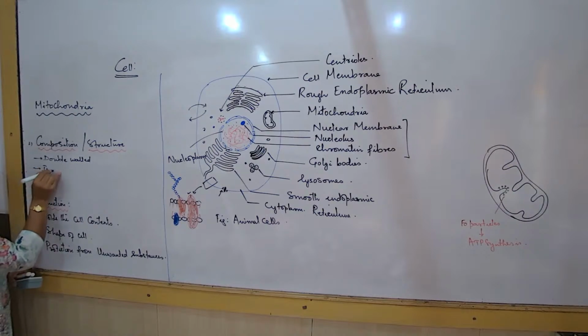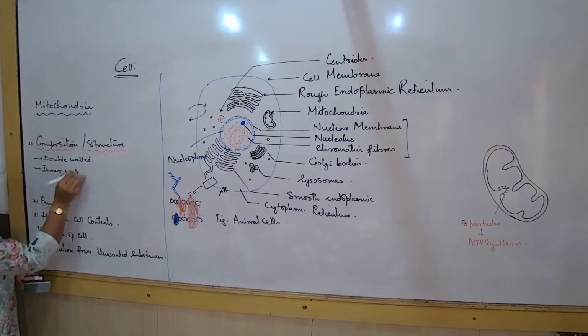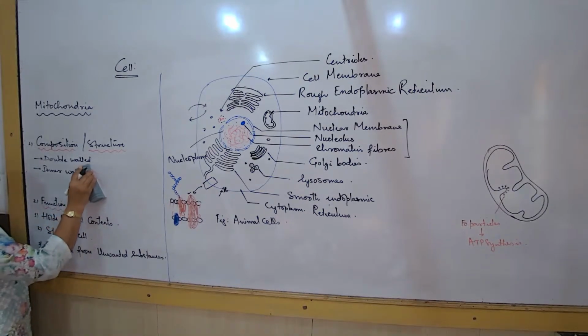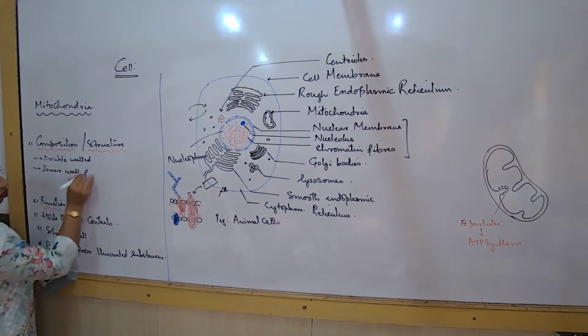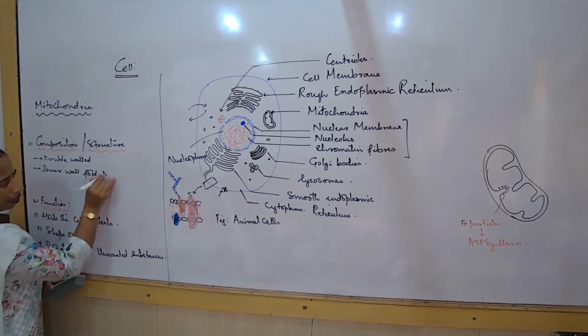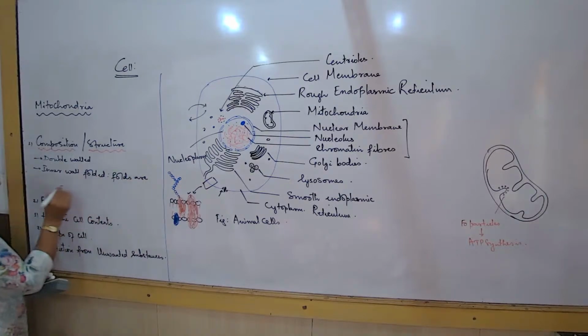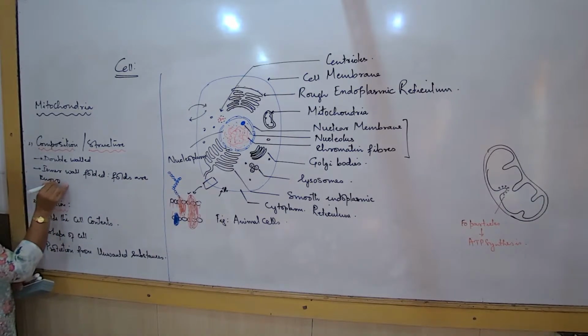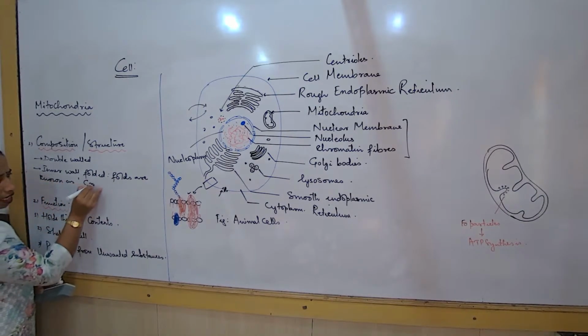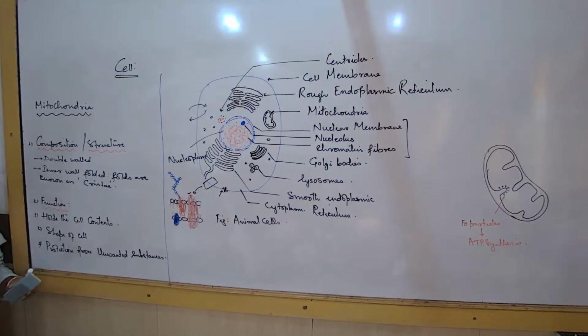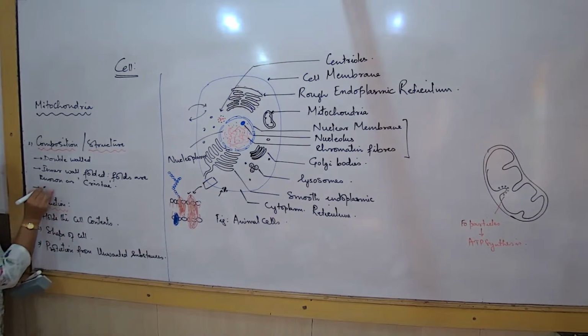The inner wall is folded. You'll have to remember this feature. And what are the folds known as? The folds are known as cristae. Cristae is plural when talking about quite a number of them. Singular is crista.